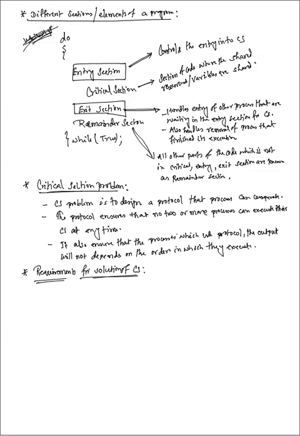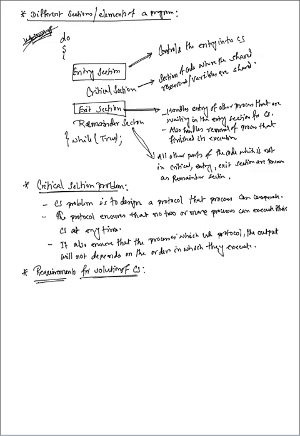So basically it ensures that no two processes simultaneously execute their critical section at any time. Why is it a constraint? Because due to this we can ensure that the data value will not be manipulated by the order of execution.